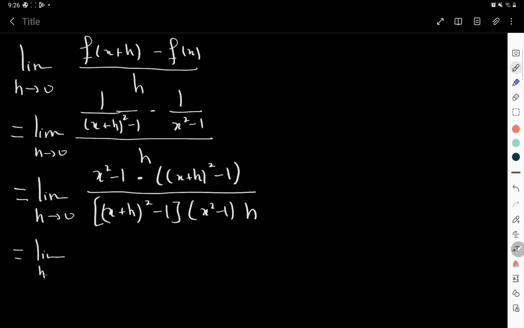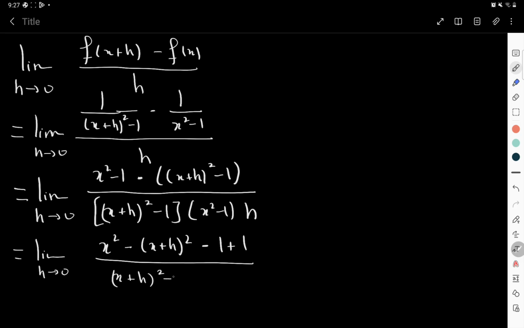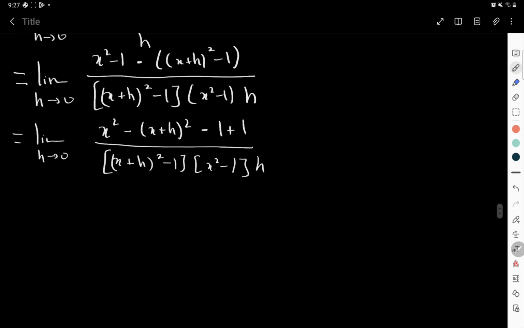It's a 0 over 0, right? So the minus 1 minus minus 1, so that becomes minus 1 plus 1, so the minus 1 will go away. So we just get x squared minus x plus h squared. Well, let's do it here, minus 1 plus 1. We won't lose anything. x plus h squared minus 1 over h. Let's hope for the best.